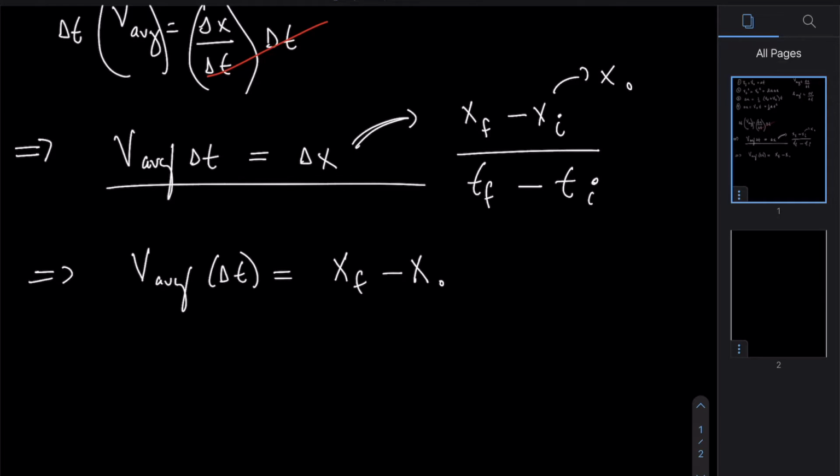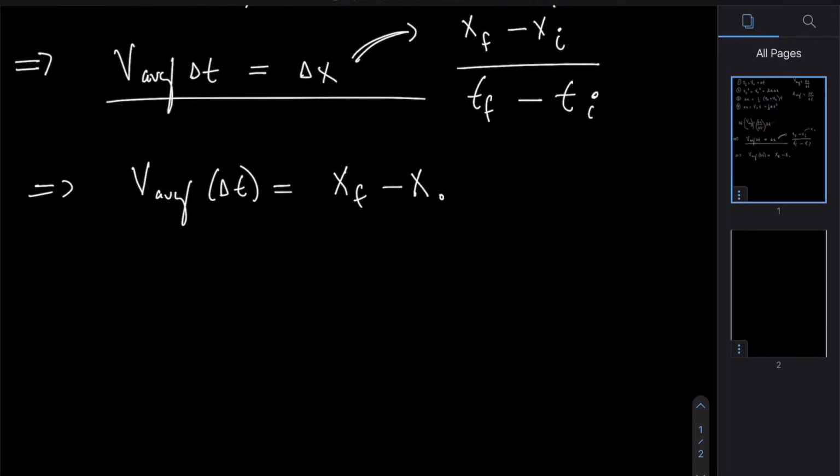So let's see here. Where were we? Right. So we have average velocity right here, and you can rewrite average velocity as 1/2 final velocity plus initial velocity.